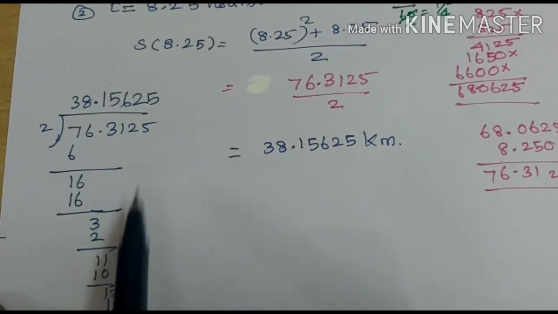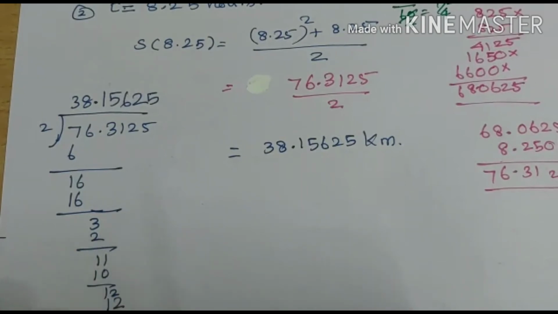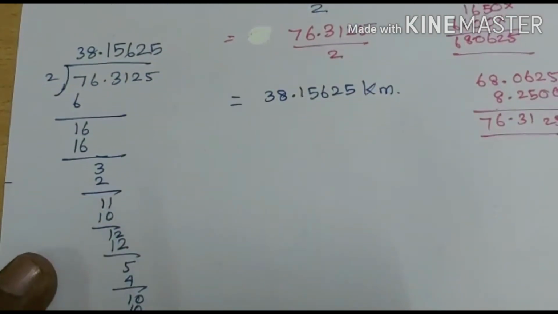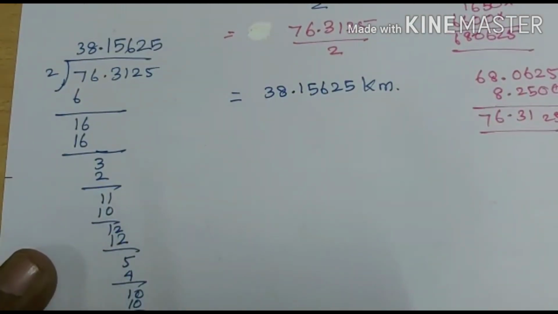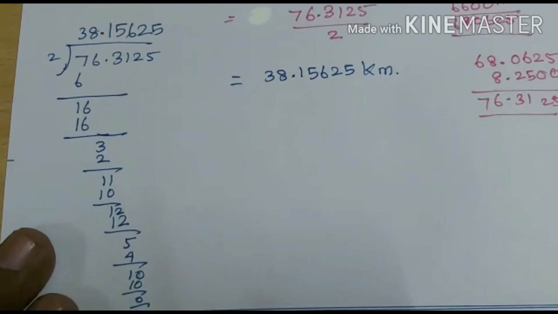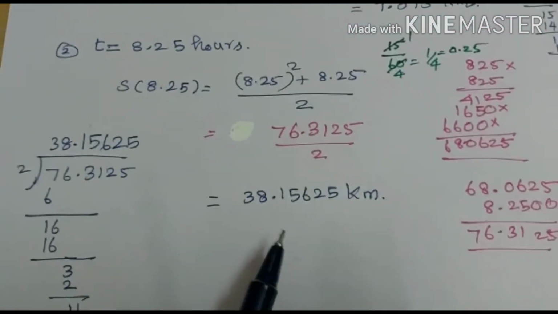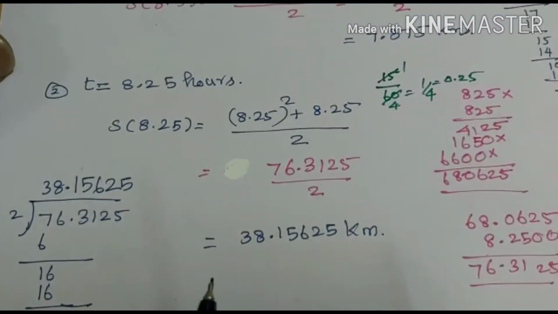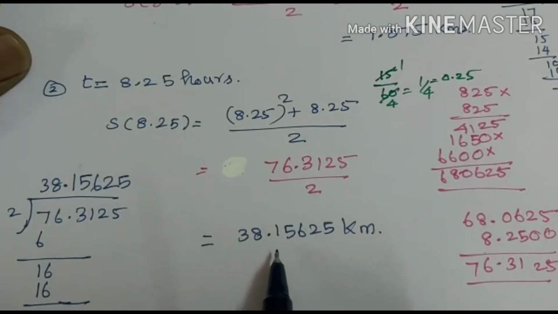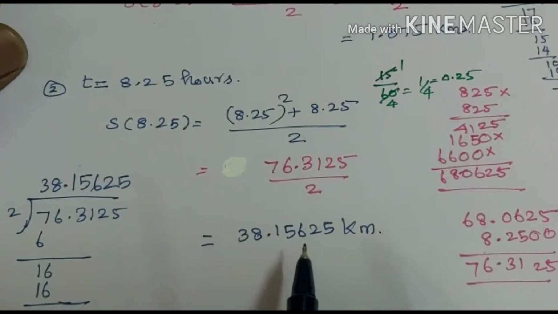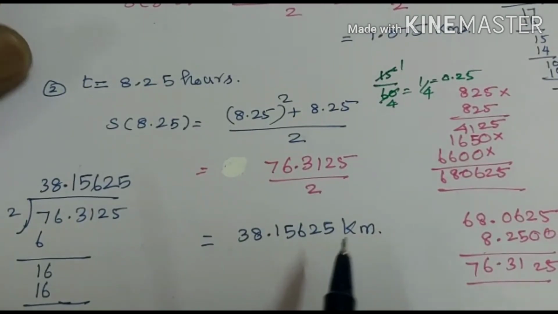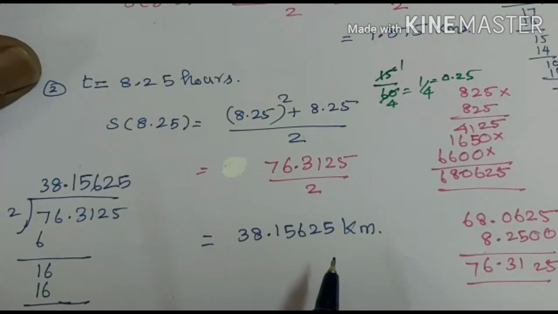So balance 0, so down the 5, and 2 2s are 4, balance 1. So put the decimal 0, since the decimal is already in the quotient. 5 2s are 10. The remainder is 0. So the answer is 38.15625.